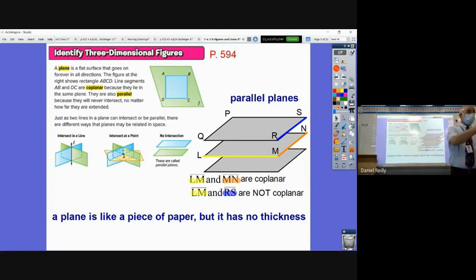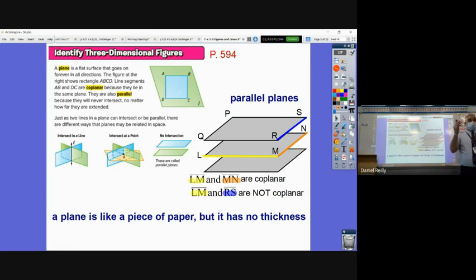Where these two planes come together is a line like this one, okay? If there's three planes intersecting like this, the only point that's on all three of these planes, the yellow, the green, and the blue, is this point A in the middle. So the three planes intersect at a point, okay? If they don't intersect at all, they're called parallel planes.